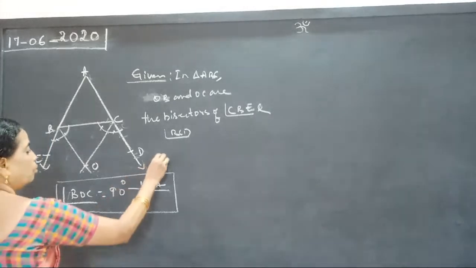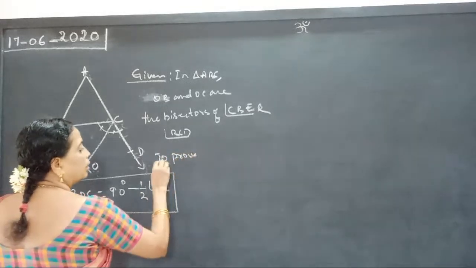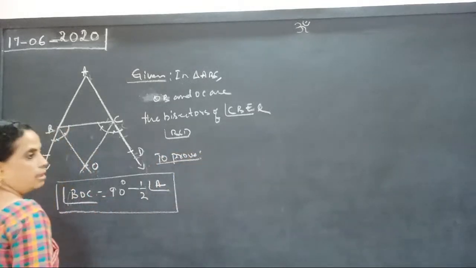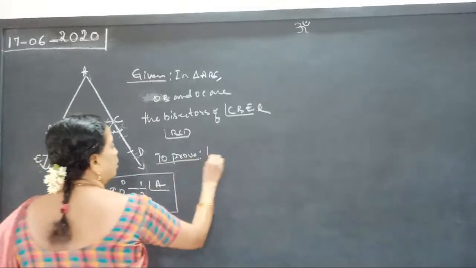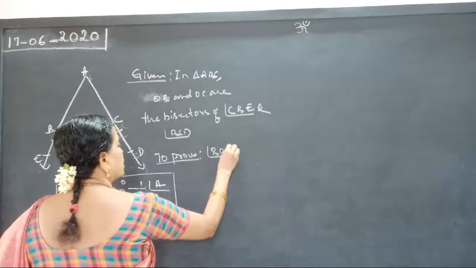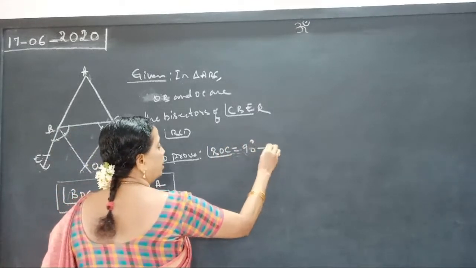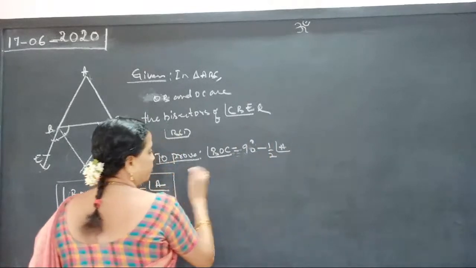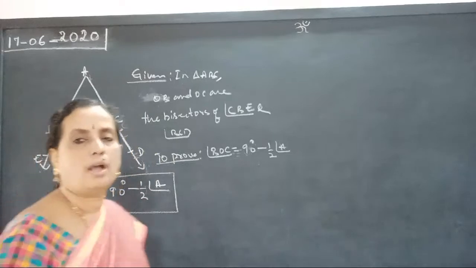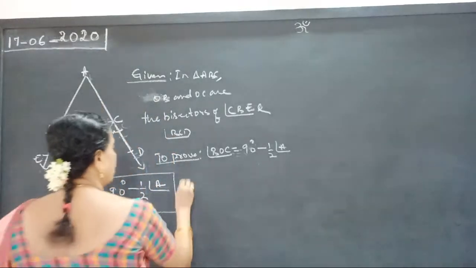To prove, that is, the external bisectors of the exterior angles, their point of intersection O, angle BOC is 90 degree minus half of angle A. This is the result we have to prove. Next, proof.